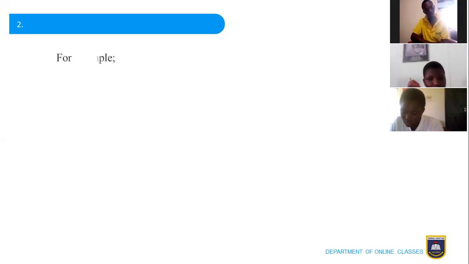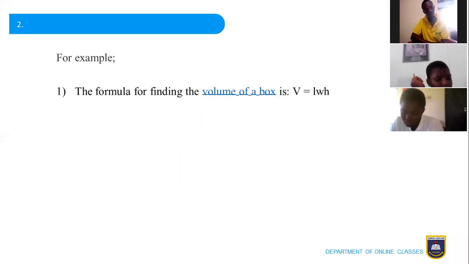So we mentioned these examples: the formula for finding the volume of a box to be V equal to LWH. I'm just going over because of those who joined us now.